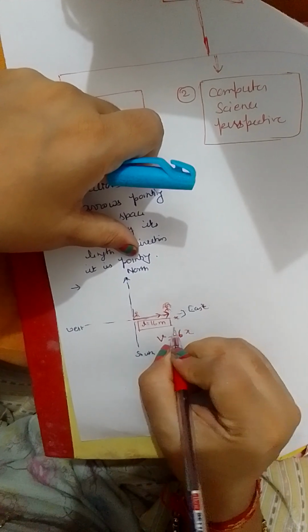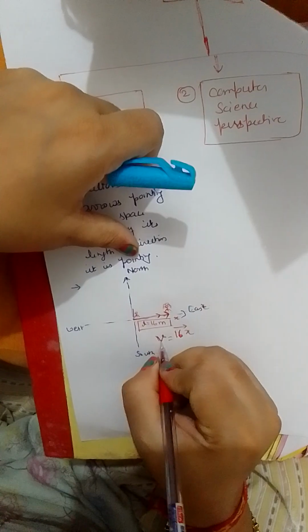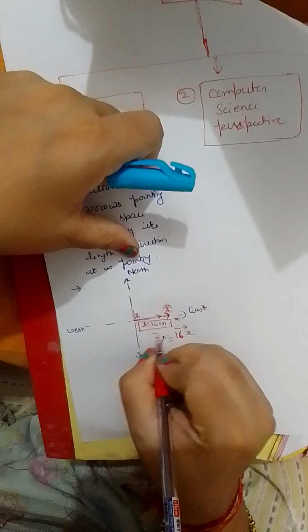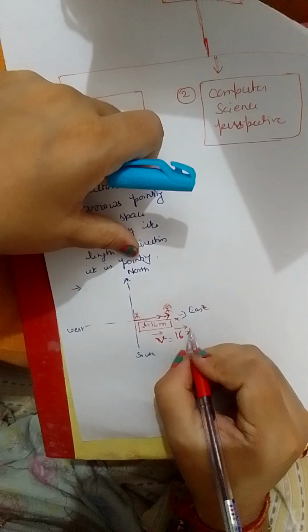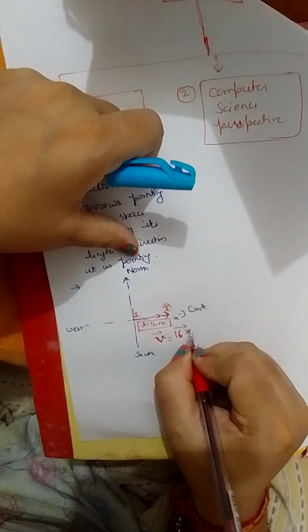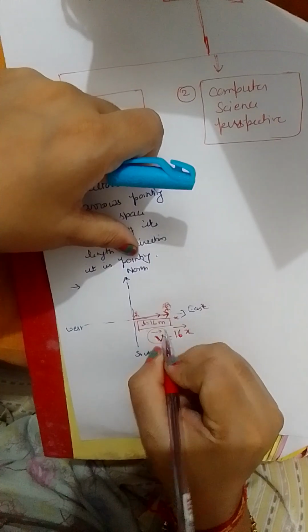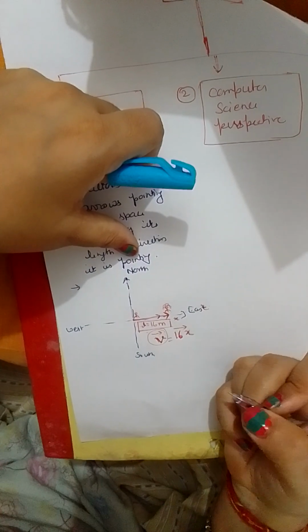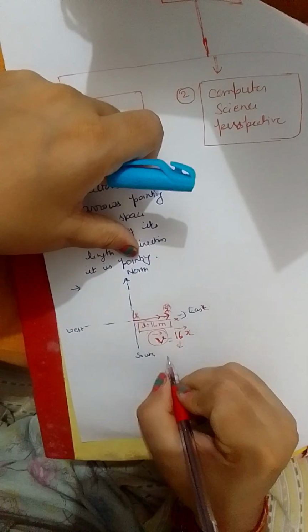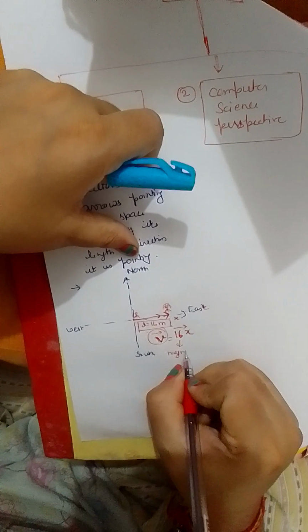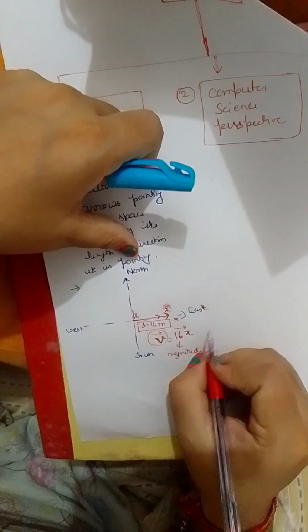So in this way, v is the vector, and we can write it as 16 as the magnitude and x as the direction, or we can just write it as a v vector. Understood? So what does the v vector contain? It contains the magnitude, and in which direction it is going.